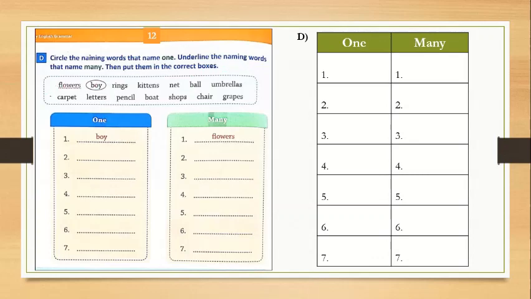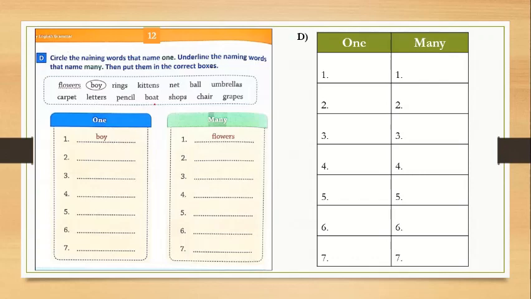So here there is one box at the top. It has some naming words. What are naming words? Nouns. Now, amongst these nouns, some are plural and some are singular. Some are naming words for one and some are for many.